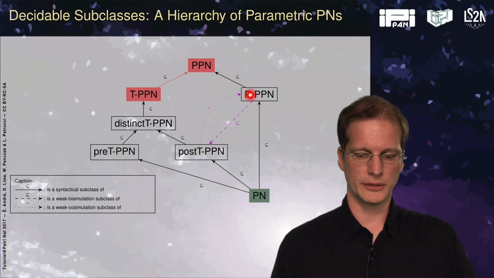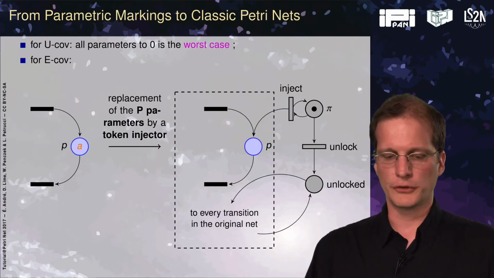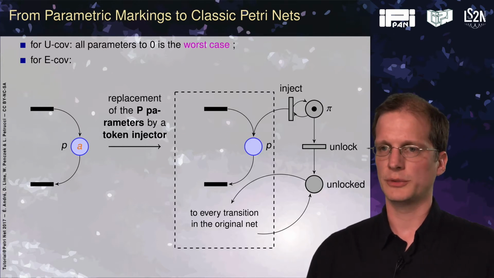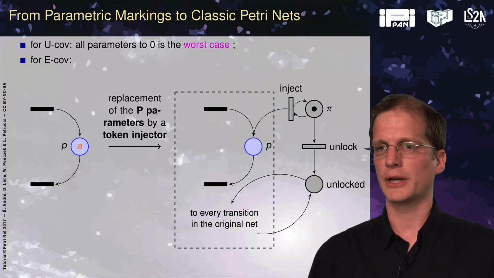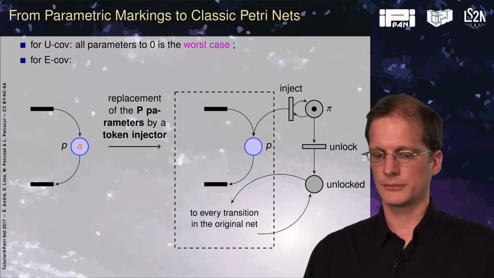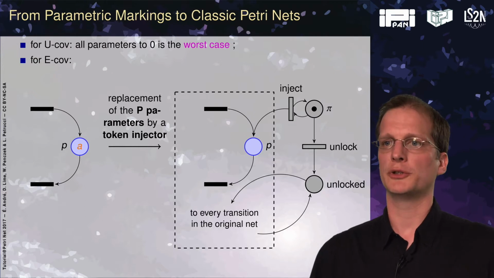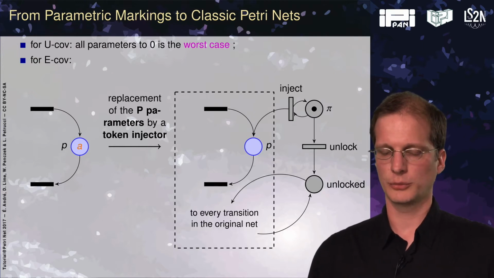And so now we can see which are decidable. The most obvious one to begin with decidability would be initial parametric markings, because we can actually simulate them with normal Petri nets. So how do we do that?